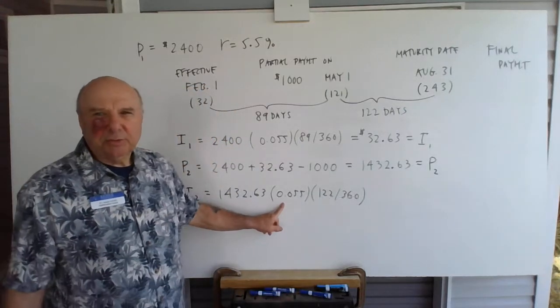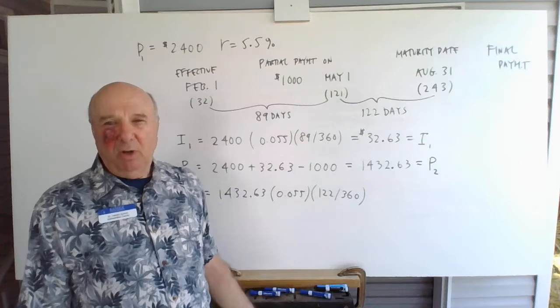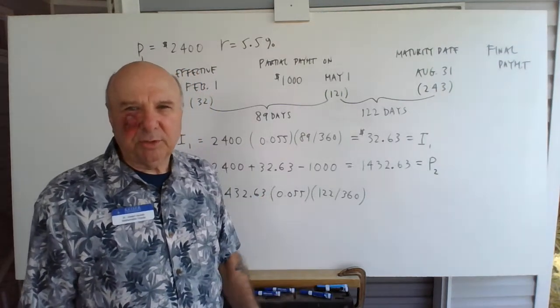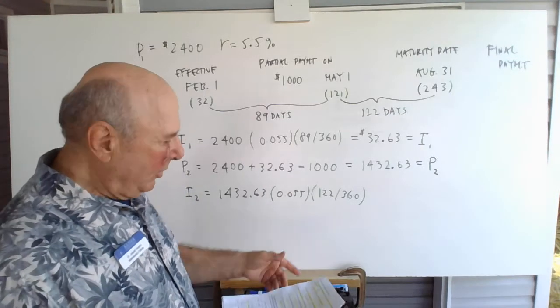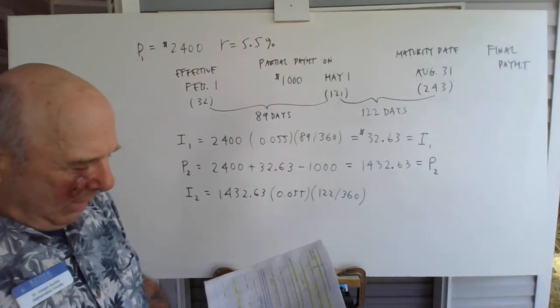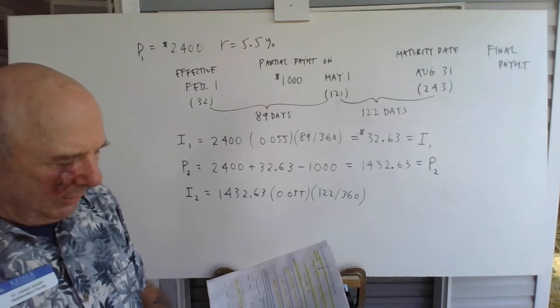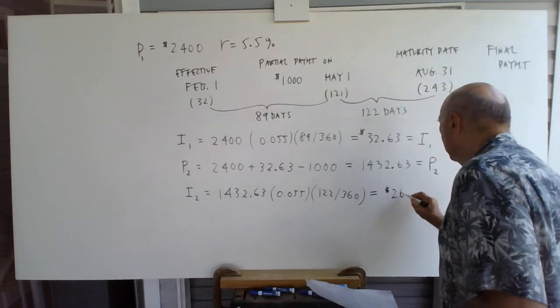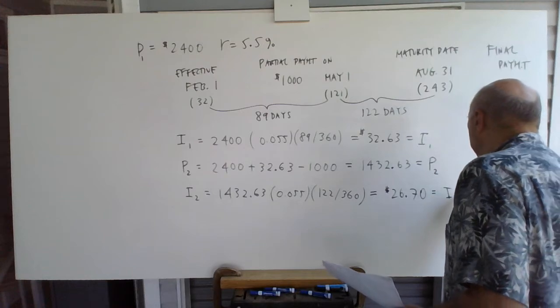It's an annual interest rate, but you can't apply the whole amount because it has to be tempered by how long you held the loan. So the rate is annual and the time is in years. They work together. When I do this calculation, I get $26.70. So this is I2.